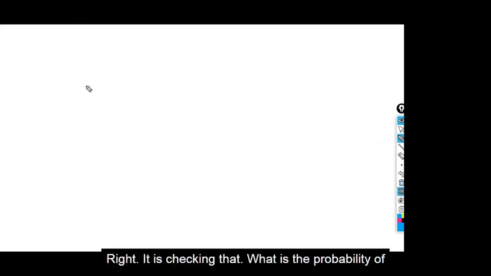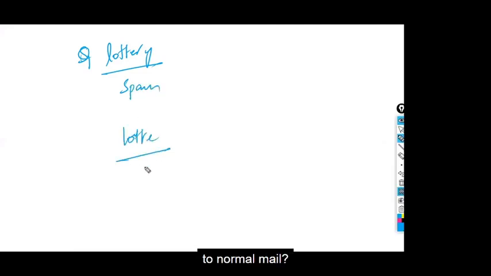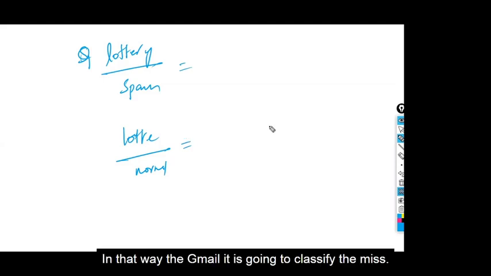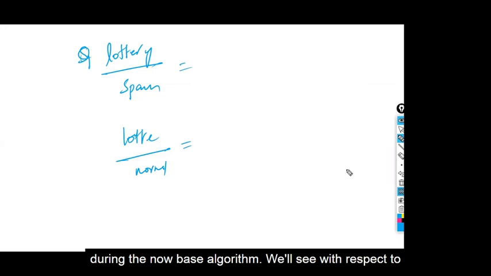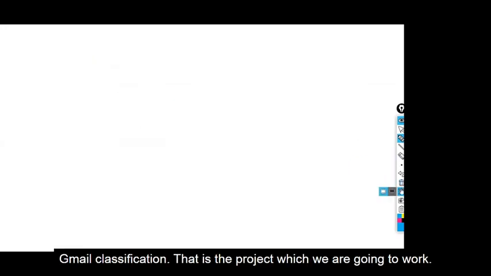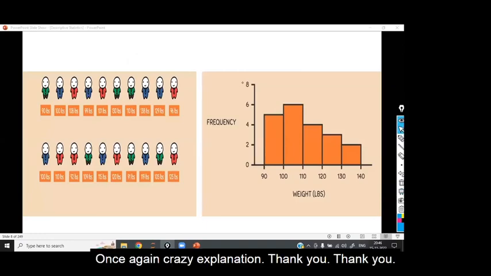It is checking the probability of the word lottery belonging to spam, and the probability of lottery belonging to normal mail. Whichever has the higher probability, it sends the mail there. In that way, Gmail classifies the mails. It is working on the conditional probability theorem. During the Naive-Bayes algorithm, we'll see Gmail classification. That is the project we are going to work on, which we'll see later.